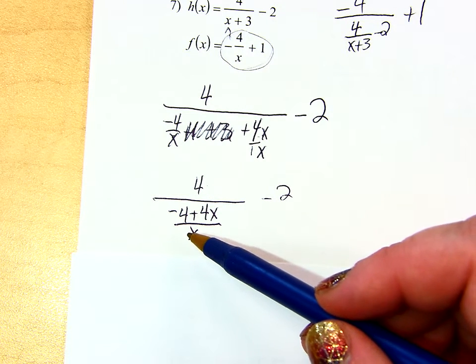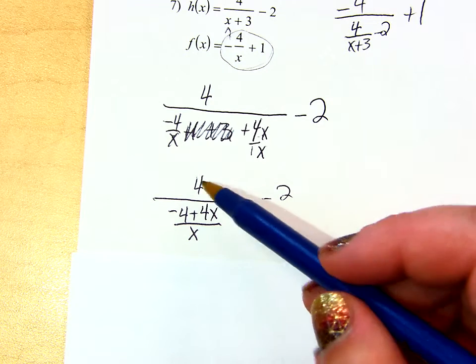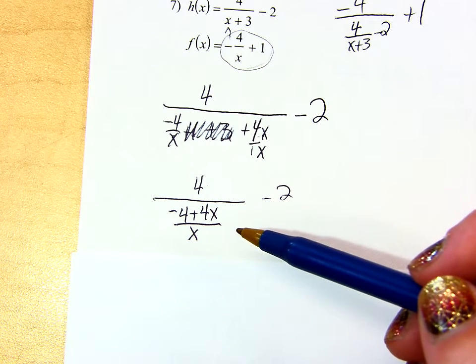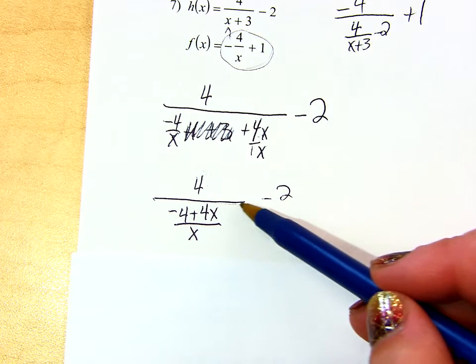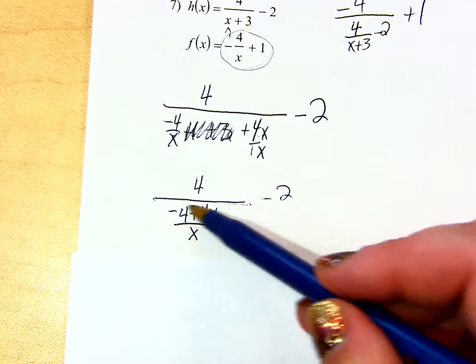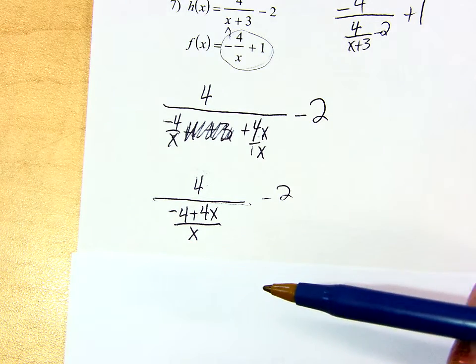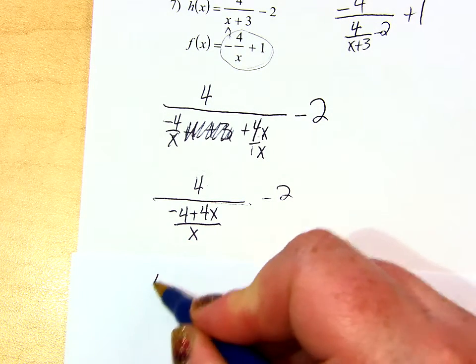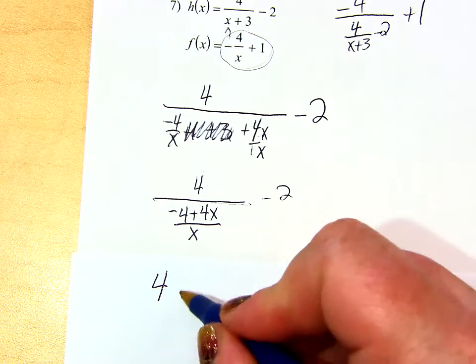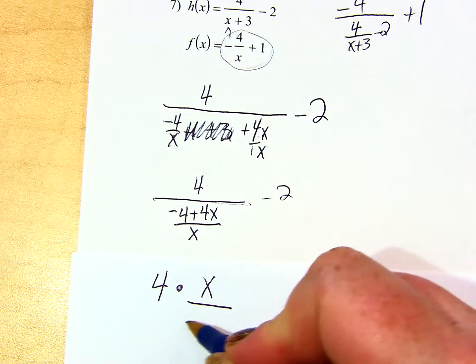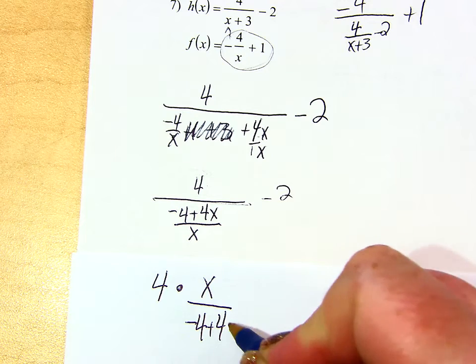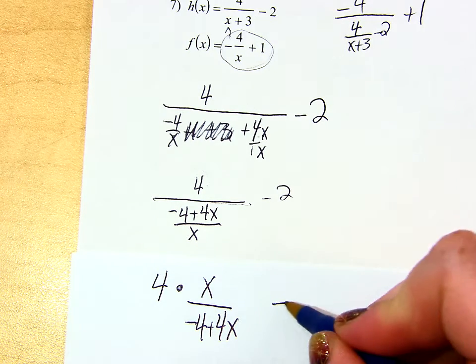So we keep the numerator as 4, change it to multiplication, and flip this: x over negative 4 plus 4x. And then I'll still have to minus the 2.